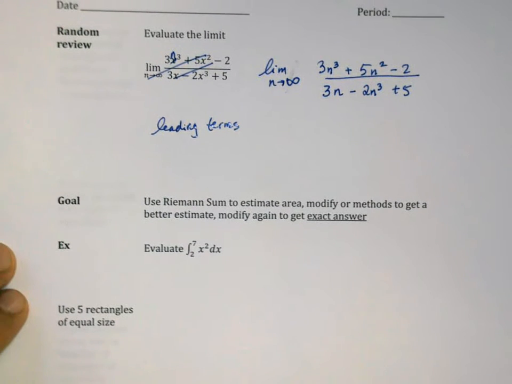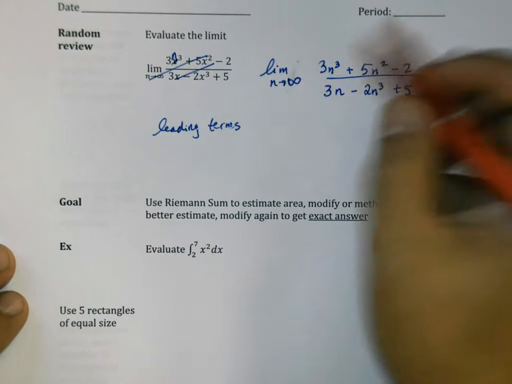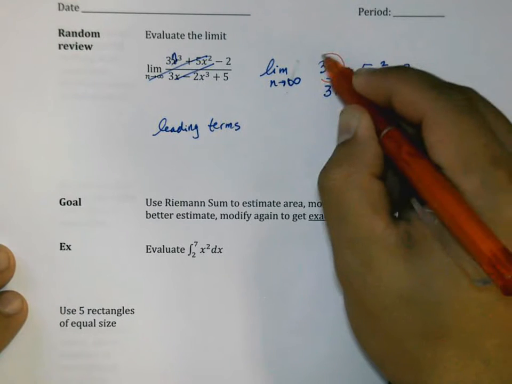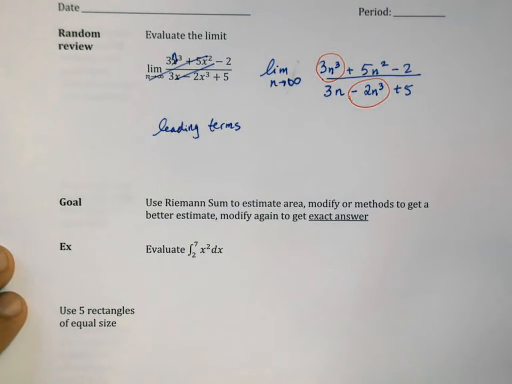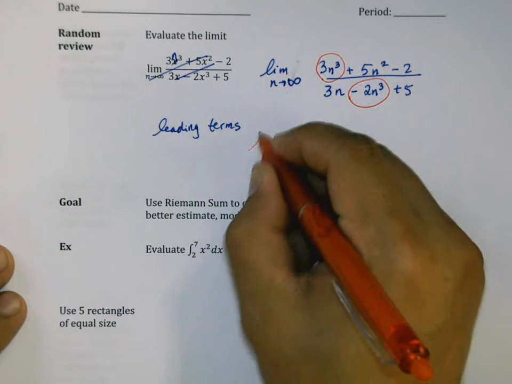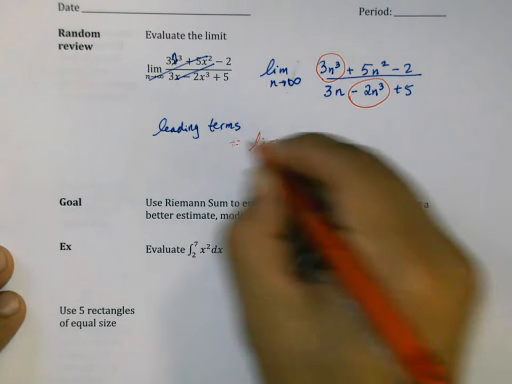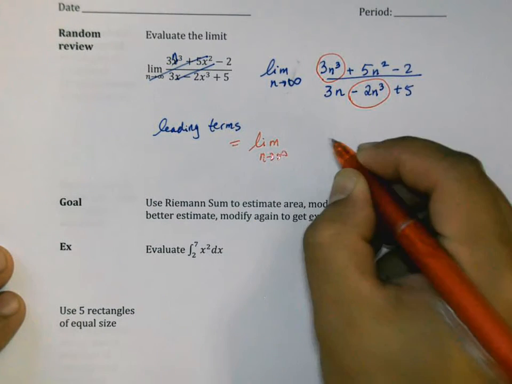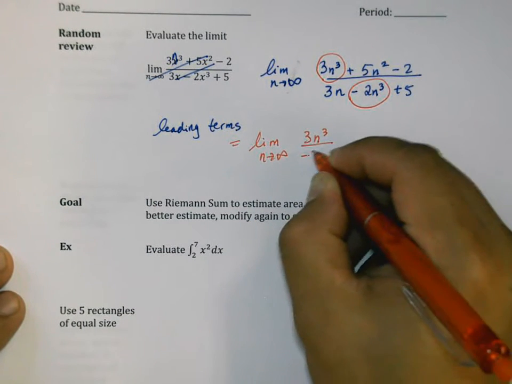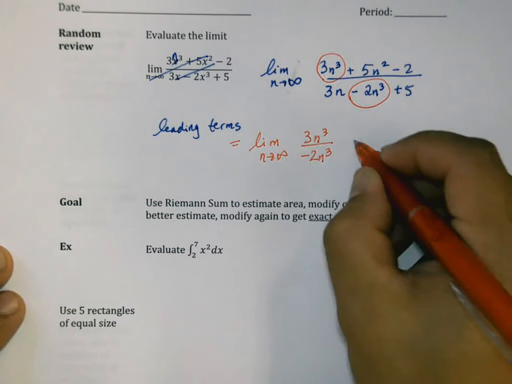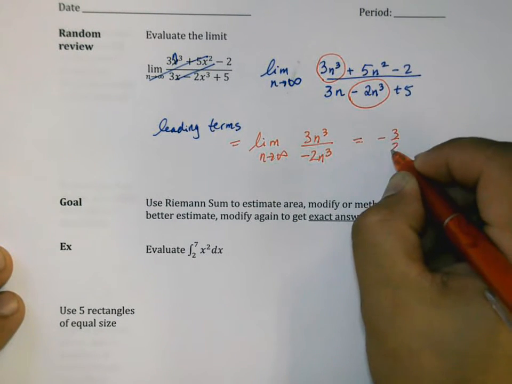This is kind of like finding horizontal asymptotes. The leading term on the top is 3n cubed. The leading term on the bottom is negative 2n cubed. So this limit is equal to the limit as n approaches infinity of the quotient of the two leading terms, and we end up with negative 3/2.